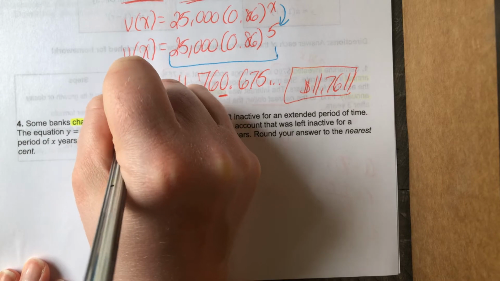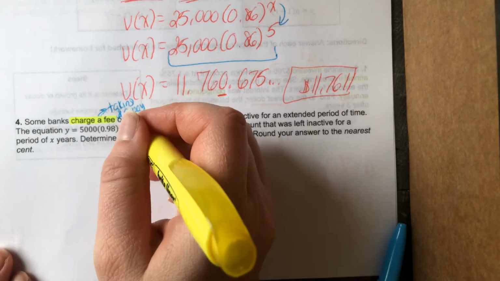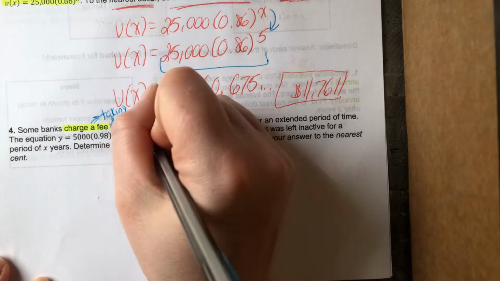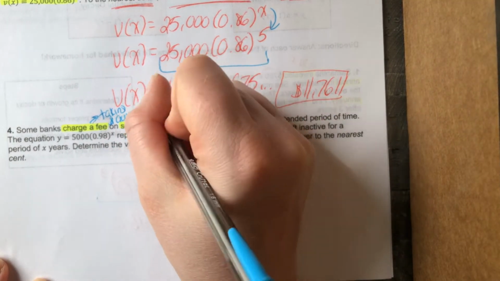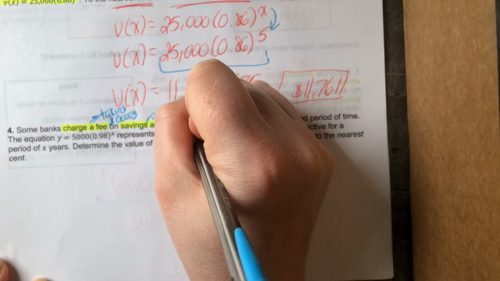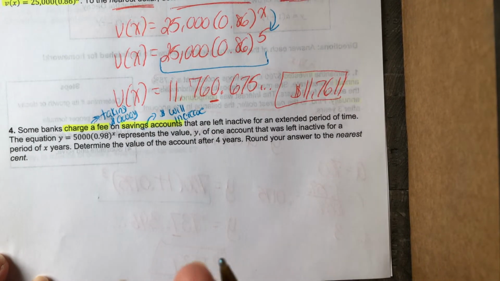Taking money away. Okay. I know that if I have a savings account, that means that it's an account that I'm putting money into. It means that my money will increase. I'm putting money into this account because I want my money to grow.